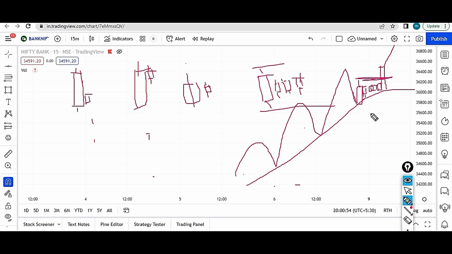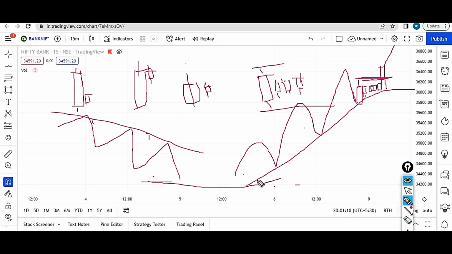Sometimes the inside bar pattern can cause the beginning of trend reversals. For example, if the market is in a downtrend like this, and it touches some demand zone with a red candle, then it starts making small candles.